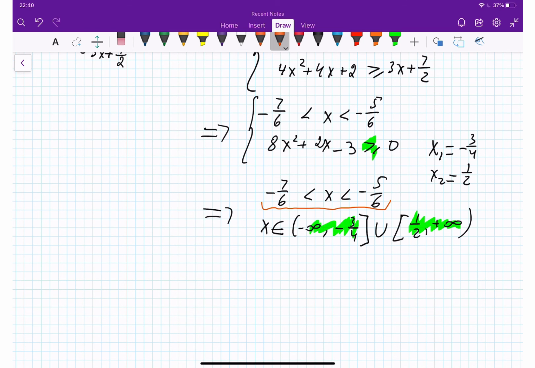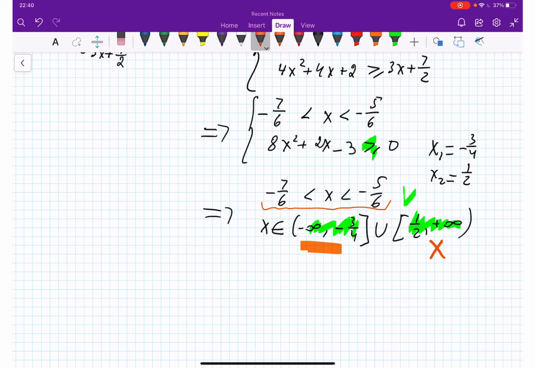Okay, so if we compare this first answer with the second, we will see that the first answer falls in this area. It will be covered by this area, and there is nothing in common with this one.